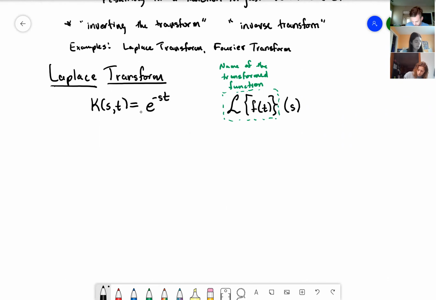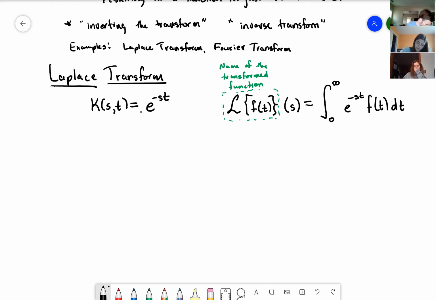So we're thinking of this as the name of the transformed function, and this parentheses s indicates that it's a function of that one variable. The limits for the Laplace transform are from 0 to infinity. We're thinking of this as an integral across the real line, starting at 0 and going to infinity. And we have e to the minus st, f of t, dt.